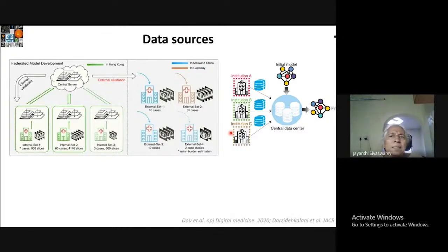Now this means these 3 institutions should agree to share it with a central data center. Not all hospitals will agree. That is why federated learning is still a developing area. Lots of people are trying lots of things, a very interesting area to watch out for.